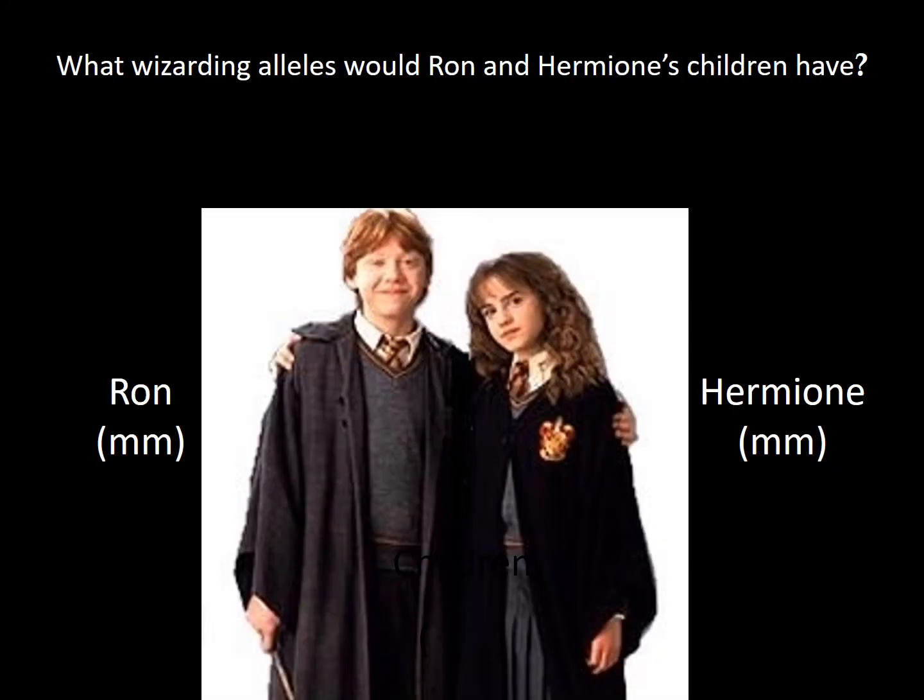Now, here we're going to look at this. This is Ron and Hermione, and if they had children, what would their children be? Well, we're going to draw it out real quick. We'll draw it right here. We're going to make Ron red and Hermione, we'll say yellow, because why not? Yellow is not used enough.